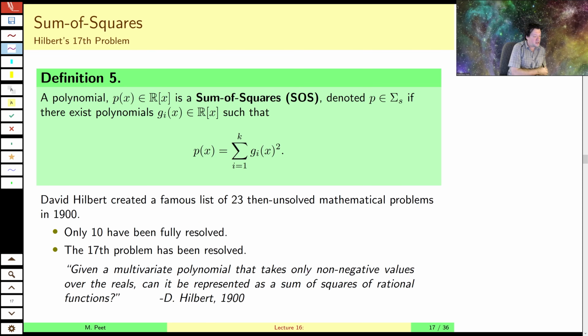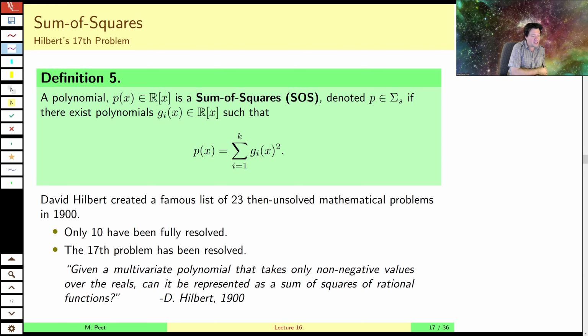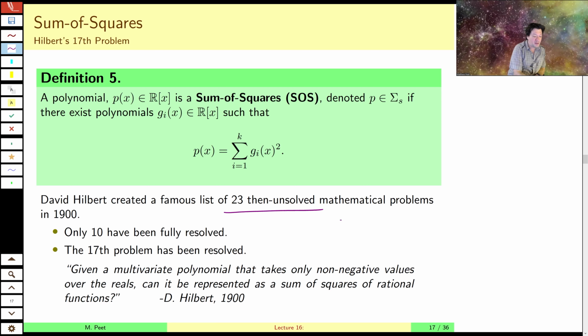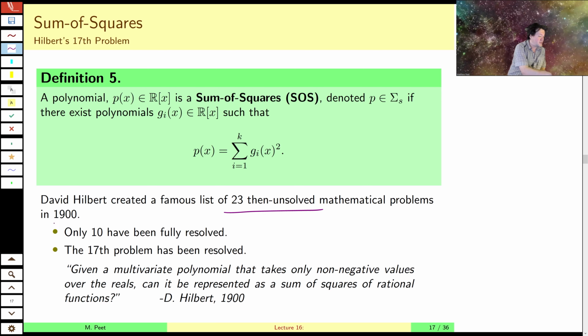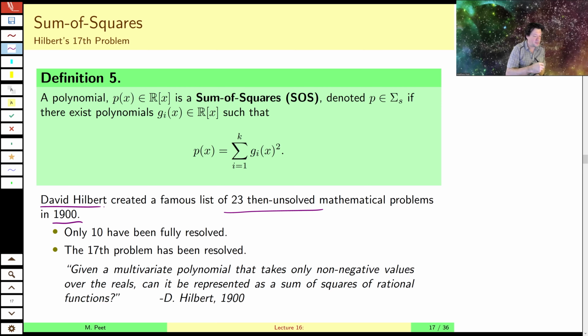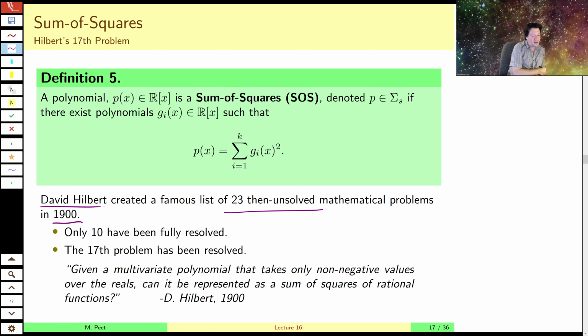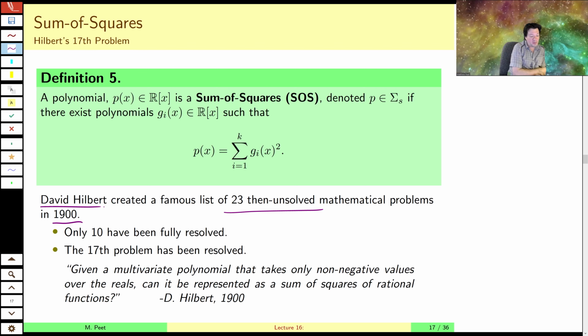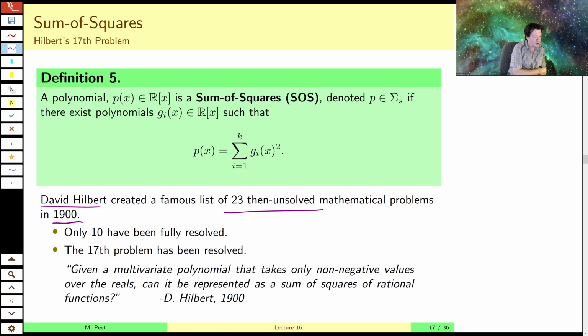It was actually listed under a very famous list of 23 then unsolved mathematical problems in 1900, at the turn of the century, by David Hilbert, famous from Hilbert spaces and so forth. So it has a very rich history. It's a very well studied problem.